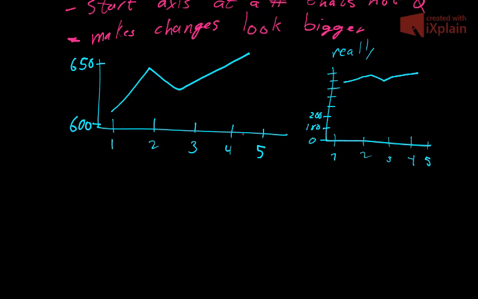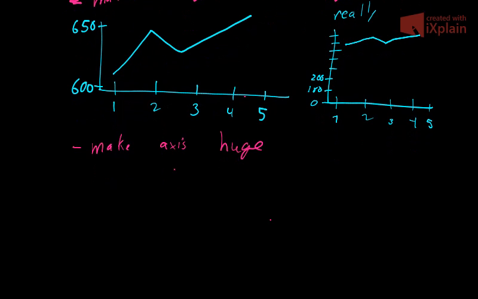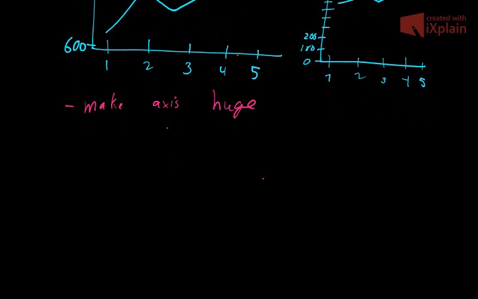My second technique is going to be, instead of starting an axis that's not 0, you can make your axis huge. And I'll show you what that is. The example I have sitting in front of me is a bar graph of music people like to listen to.